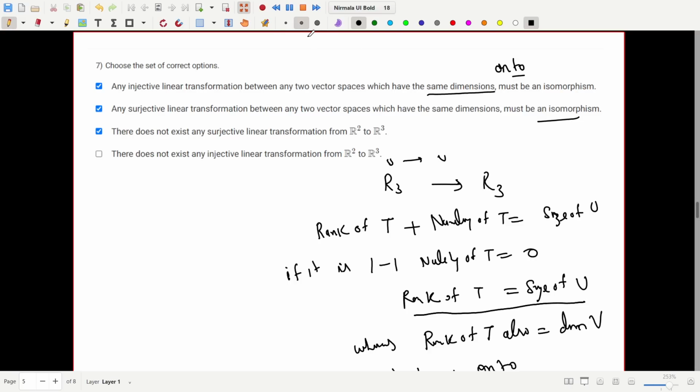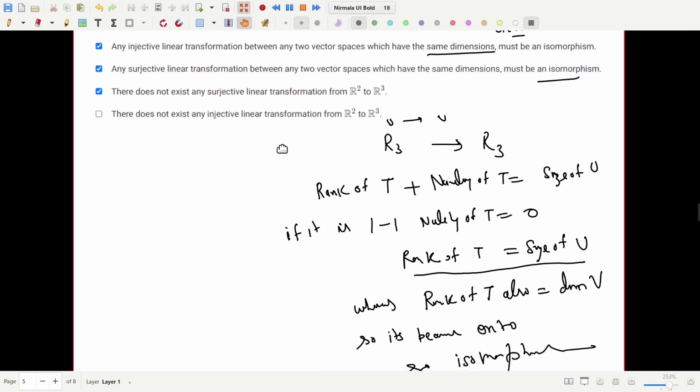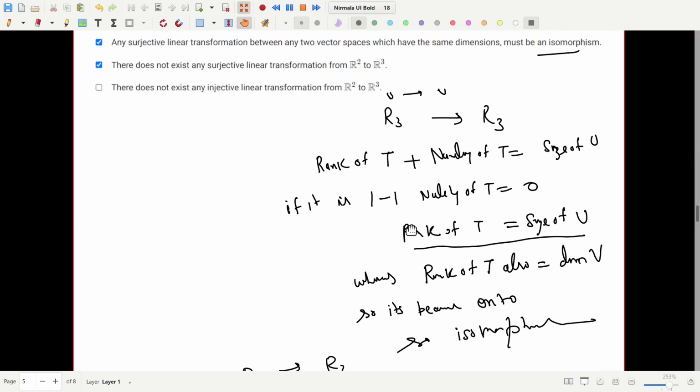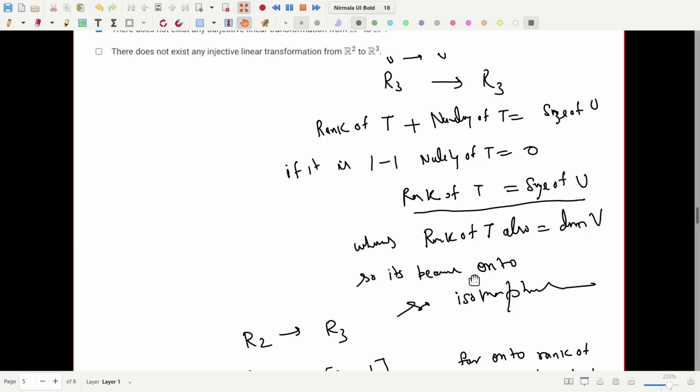But we can see that rank of T is equal to the dimension of U, and rank of T is also equal to the dimension of V. So it becomes onto also.